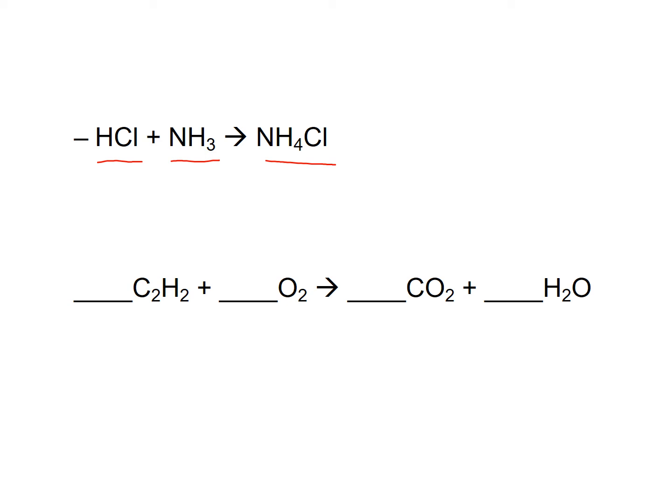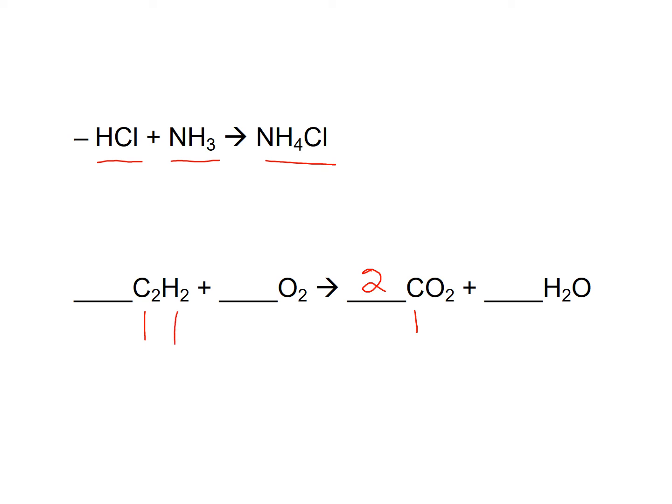Let's balance this next one, and this will be an example of balancing a so-called combustion reaction. Well, the first thing I see is 2 carbons on this side, only 1 carbon here. So I'll start out by putting a 2 there. In a combustion reaction, the next most convenient thing to do is balance the hydrogens.